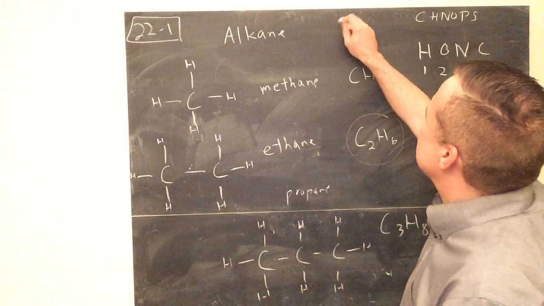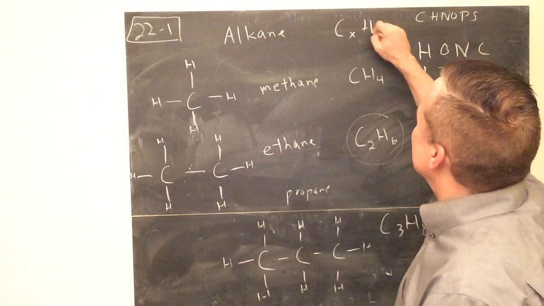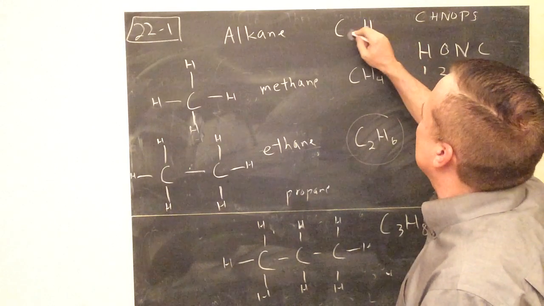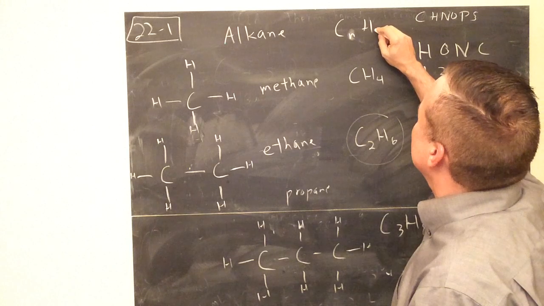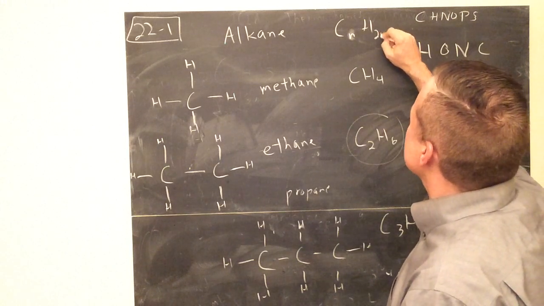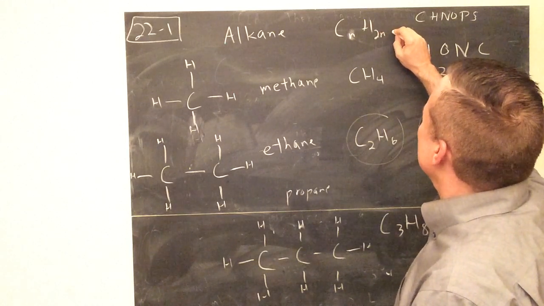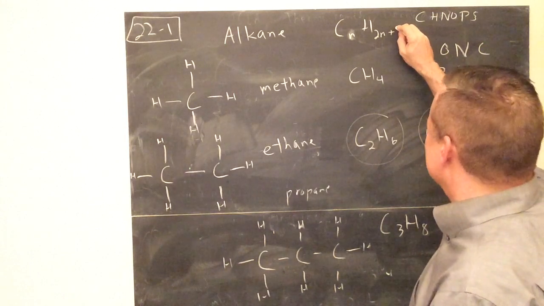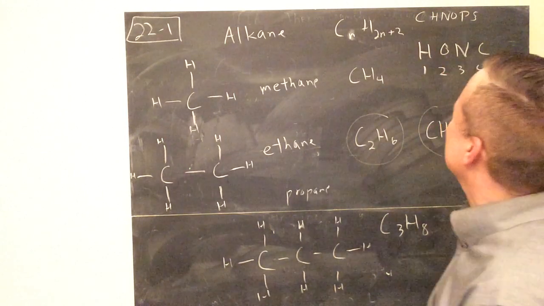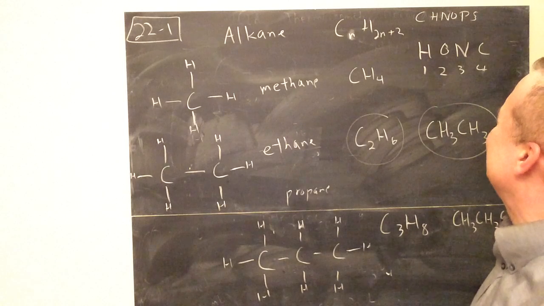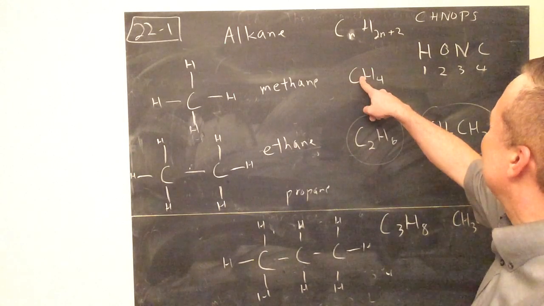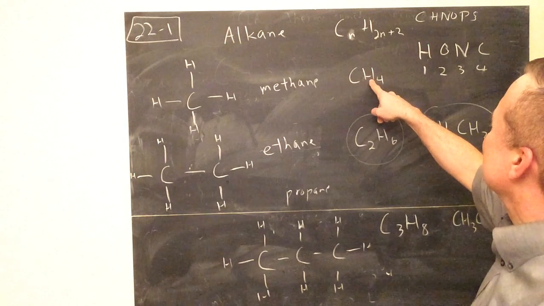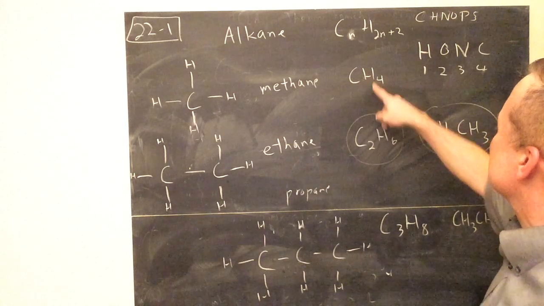But for alkanes, it's C_n, then H, 2 times n, plus 2. Is that right? Yeah, 2n plus 2. If n is 1, 2 times 1 is 2, plus 2 is 4.